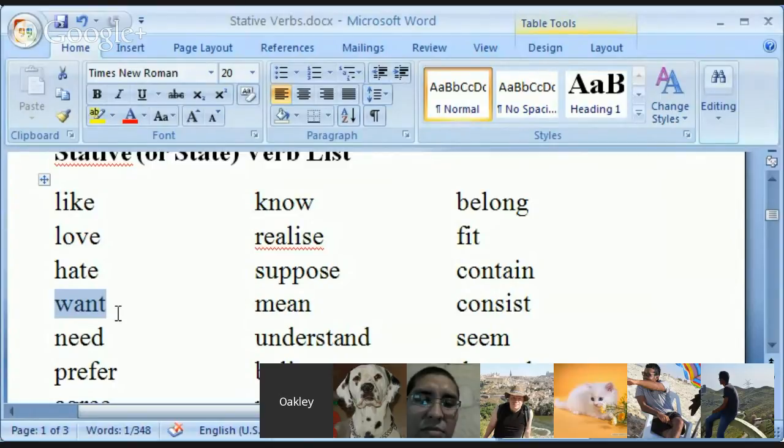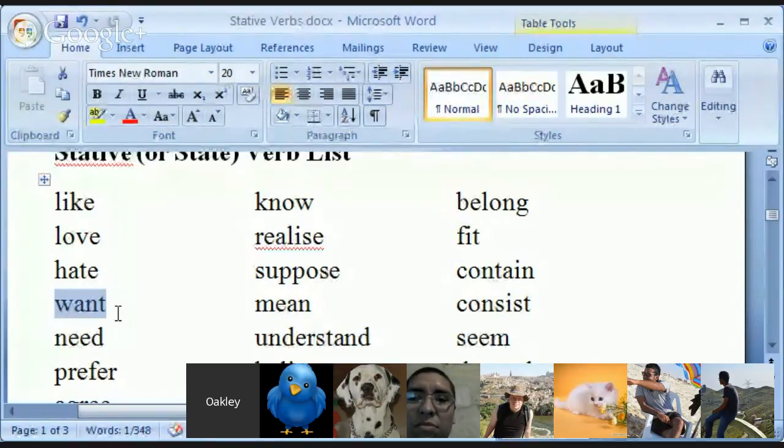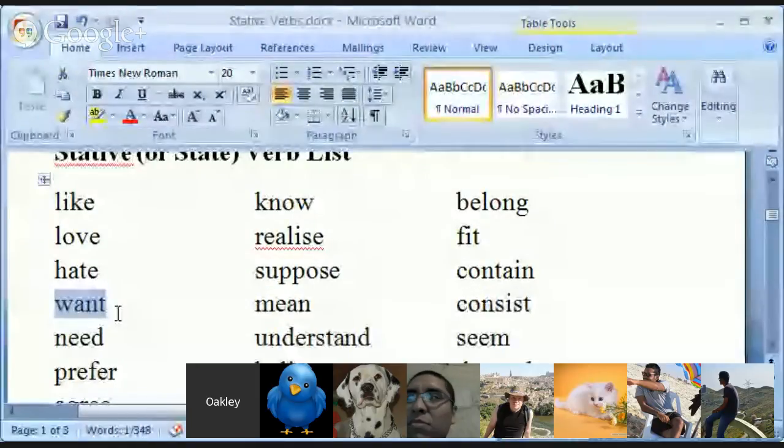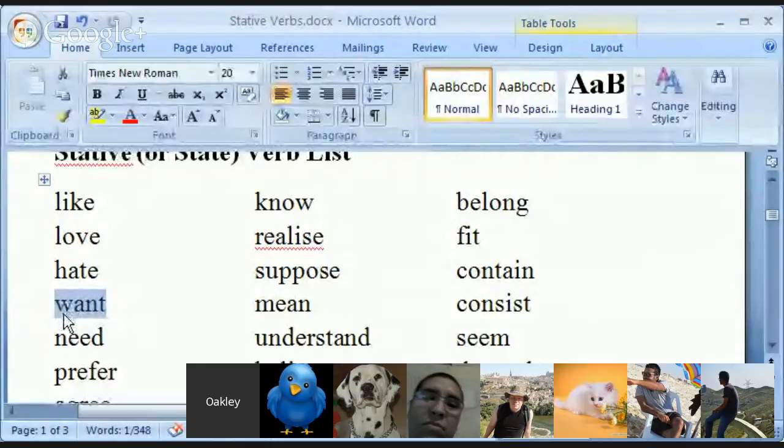It can be used to show an emotion, basically as a gerund, as a noun, really. The wanting in his heart, like the anger in his heart. I can use it as a noun, but that's different, of course.